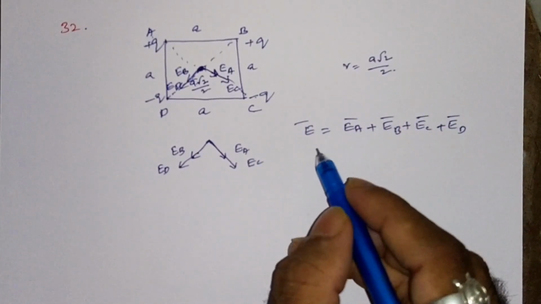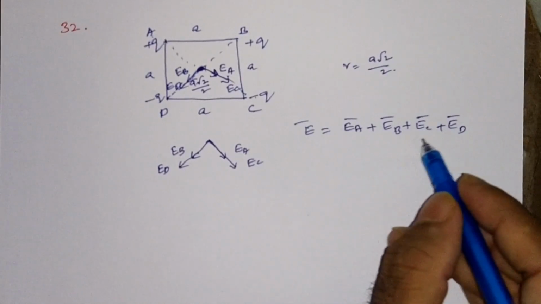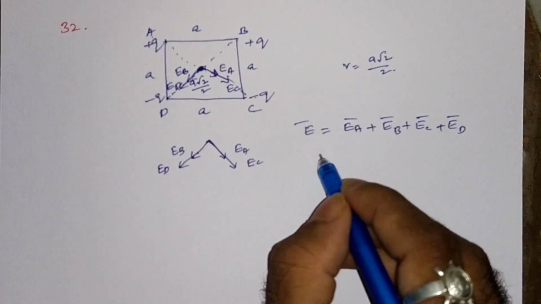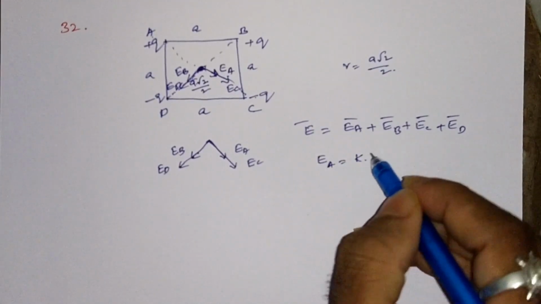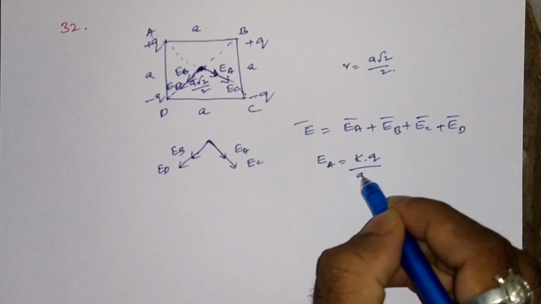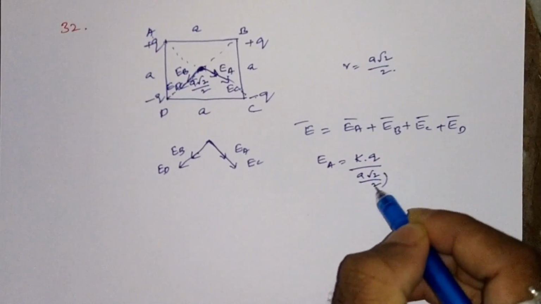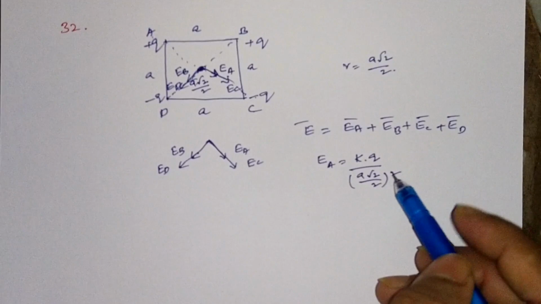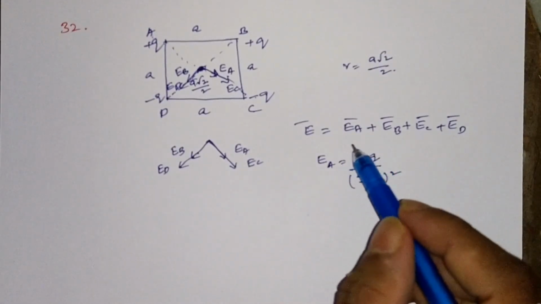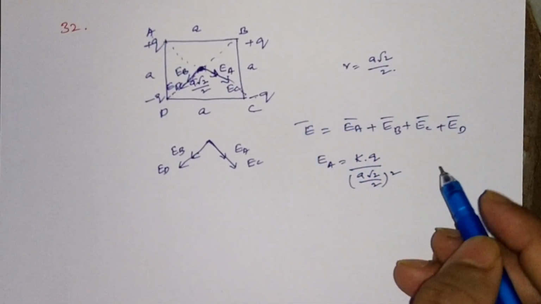Now one can calculate EA, EB, EC, ED values. All are equal. EA is K into Q by A root 2 by 2 whole square. EB, EC, ED will also be the same, because the charge is Q and the distance is the same.